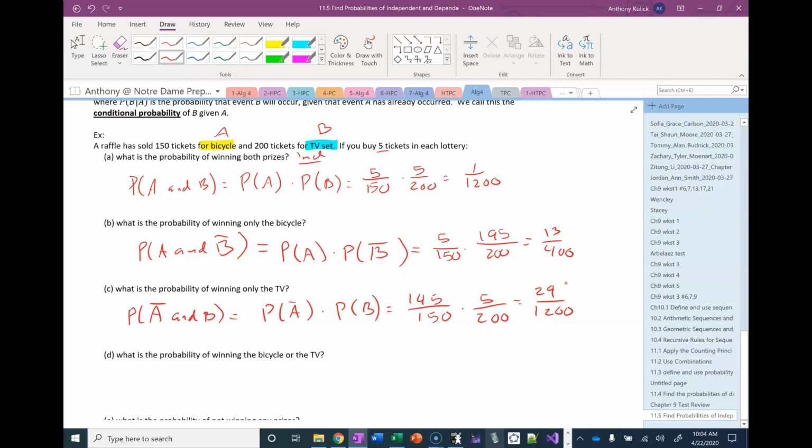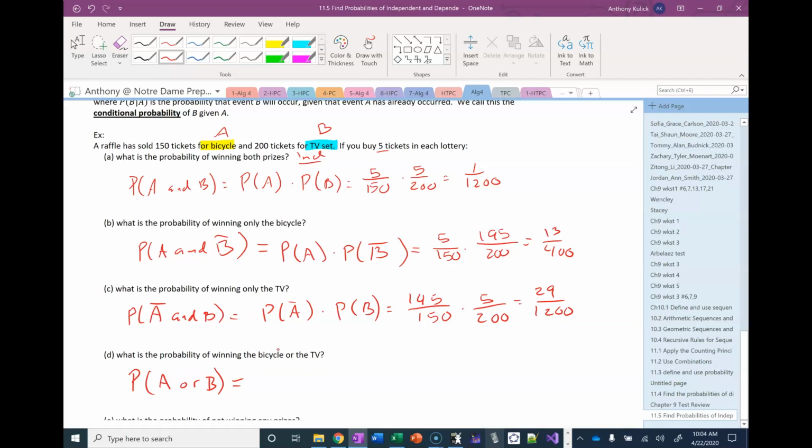So here it asks for the probability of winning the bicycle or the television. Well, there's three possible outcomes here if I want the bicycle or the television.